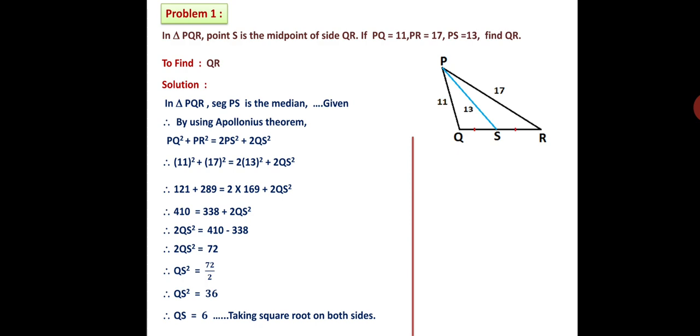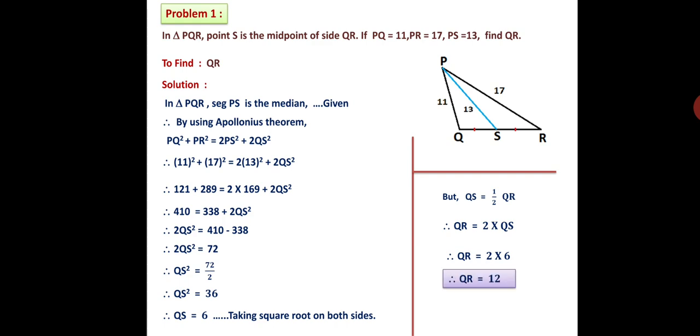But we have to find out the QR. But what is QS? Half of QR. Therefore, you can write QR is twice of QS. Therefore, QR is equal to 2 into 6. Therefore, QR is 12 that you are getting. Simply we are following the steps and you are getting the right answer. So, this could be asked for 2 marks.